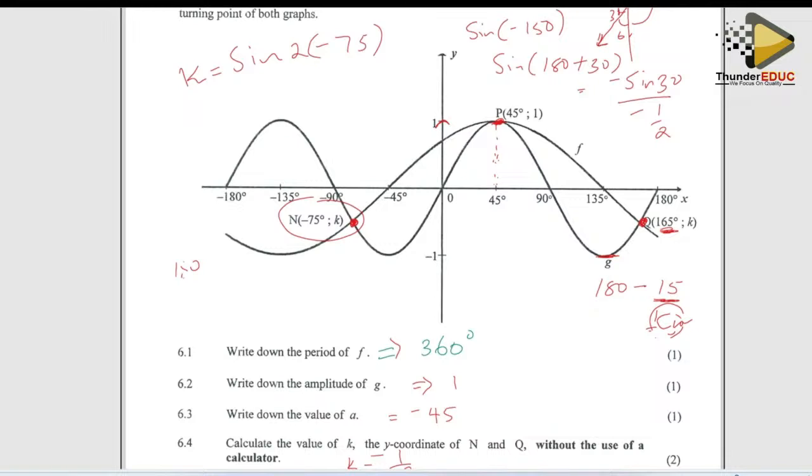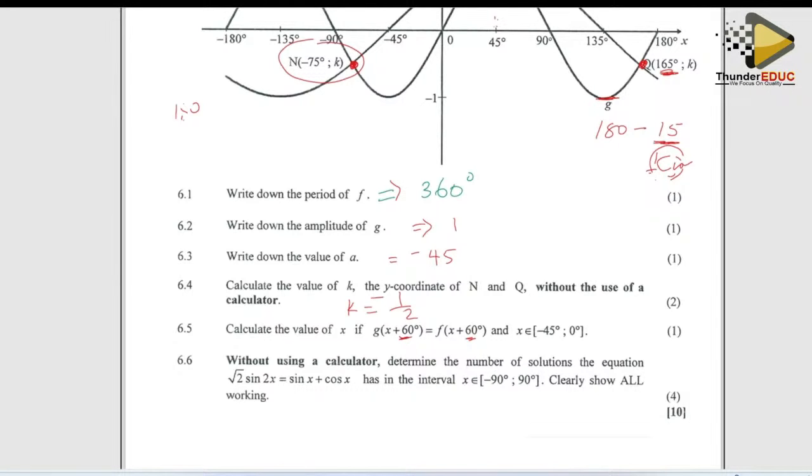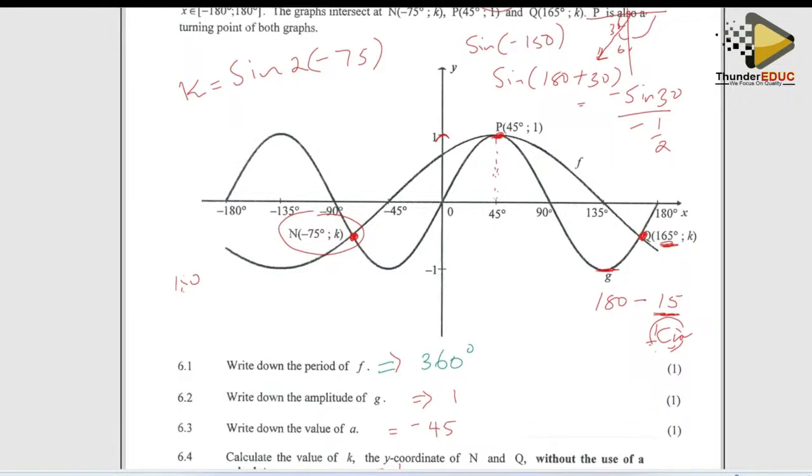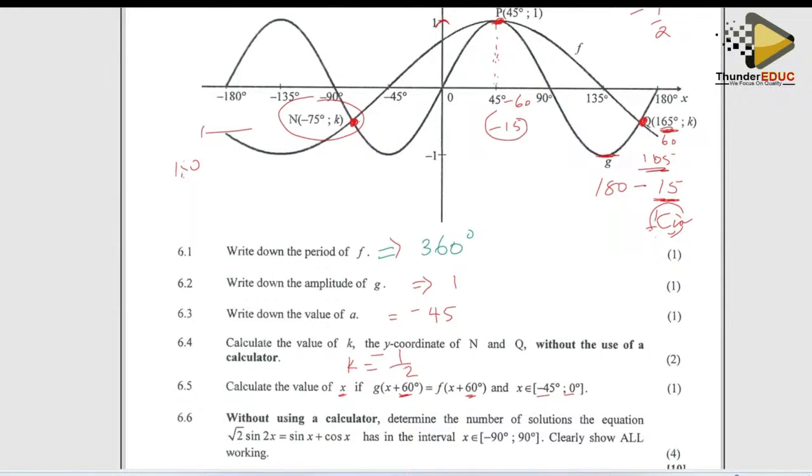But now if the graphs are moved 60 units to the left, the question wants the values of x between negative 45 and 0. If we subtract 60 here, it's going to give us negative 15. If you subtract 60 from the others, it's going to be farther away, at 100, 105, somewhere there. But since they want the answer between negative 45 and 0, our answer is just going to be negative 15.